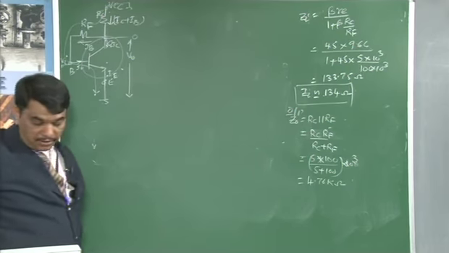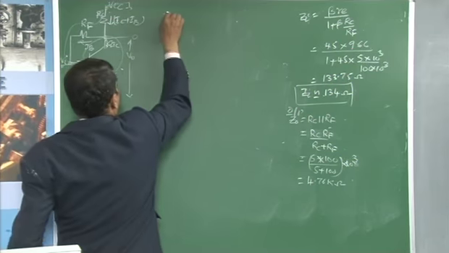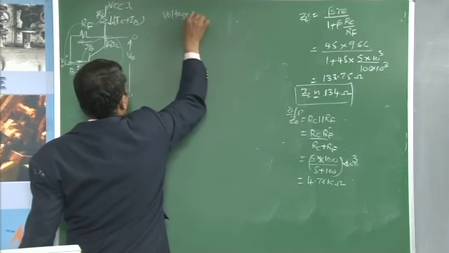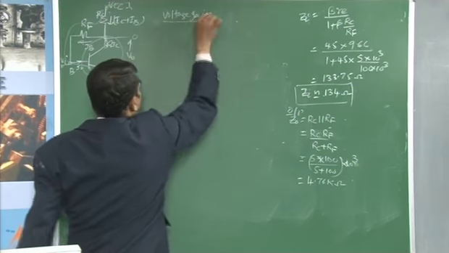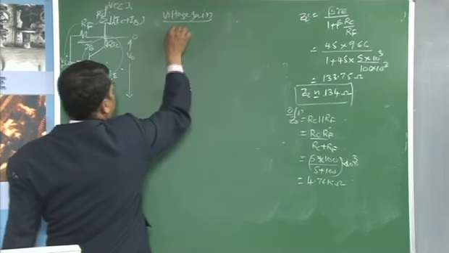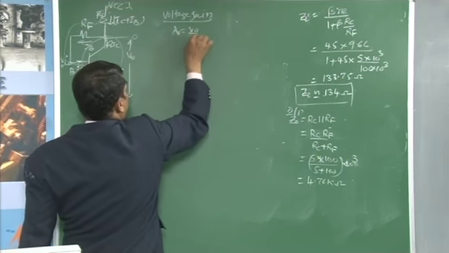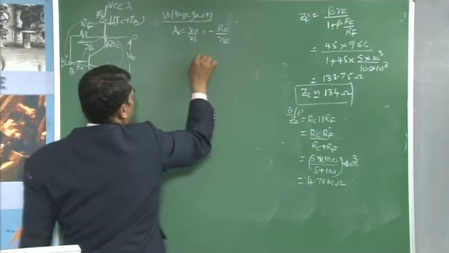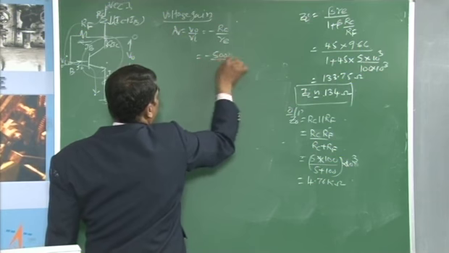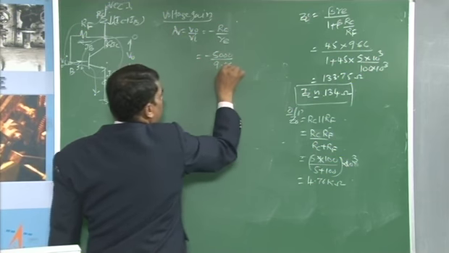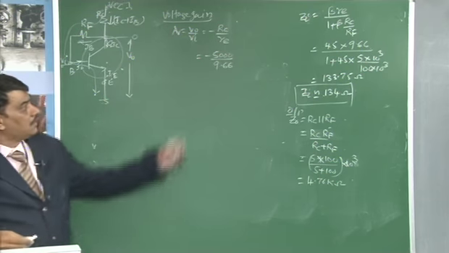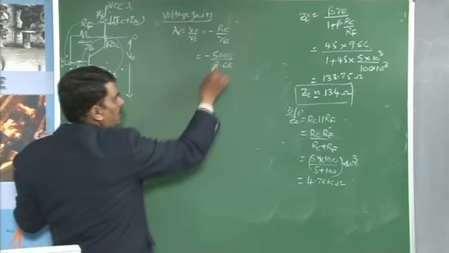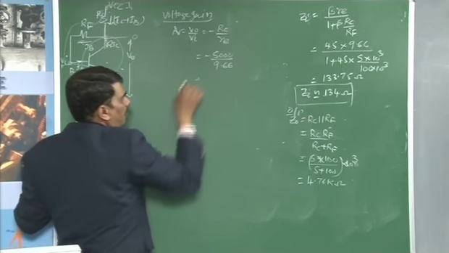Next is the voltage gain AV. Voltage gain AV is given by Vo by Vi. This is equal to minus Rc by RE, where minus 5000 divided by the RE value of 9.66 ohms. If you calculate this ratio, the gain is approximately 500.